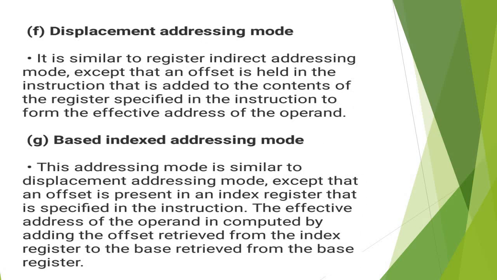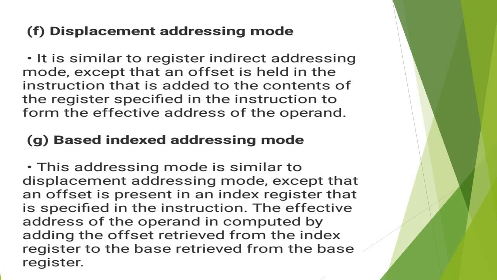Now over here, a few more addressing modes, such as displacement. It is similar to register indirect addressing mode except that an offset is held in the instruction that is added to the content of register specified in the instruction to form the effective address of the operand.